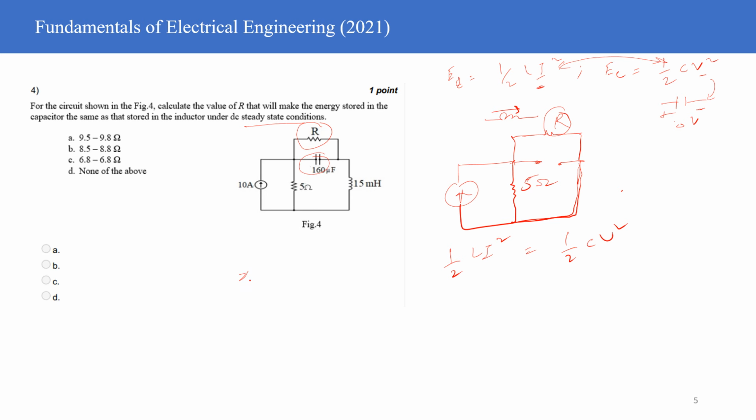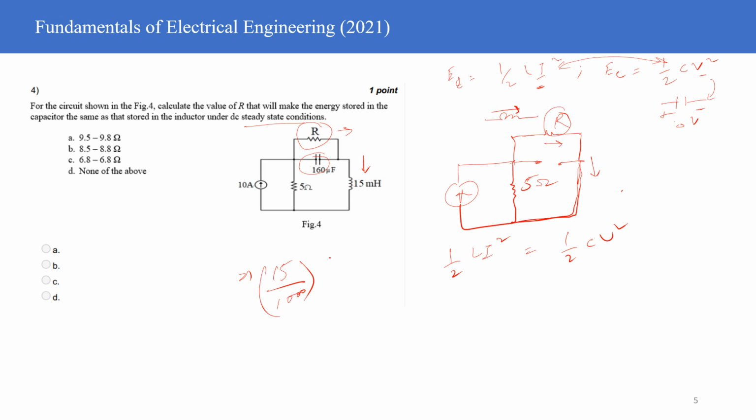So this implies that the 15 millihenry current, the current which is going in this particular branch, the same current must be coming here, right? Current going in this branch must be coming over here, because this is an open circuit, so current cannot go here, current has to come here.